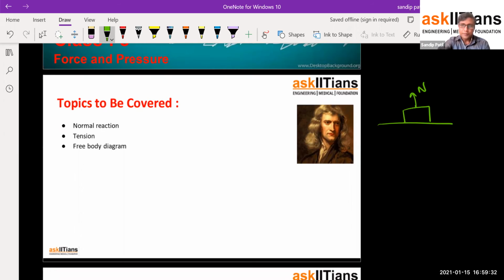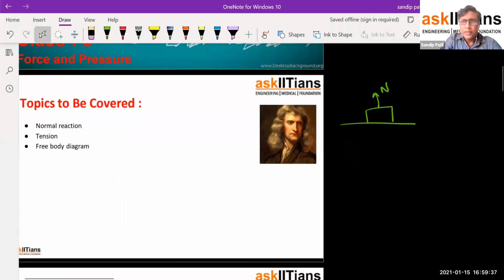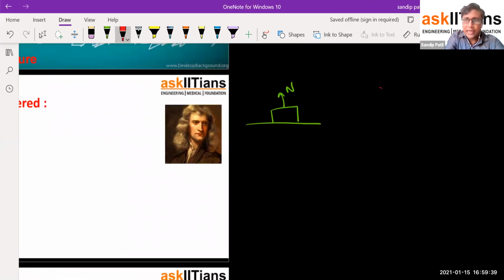So remember what we can see here. Consider you are standing on the ground like this. Whatever is the force with which Earth is attracting you, we call this the mg force. Now assume your mass is, let's say, 50 kg.